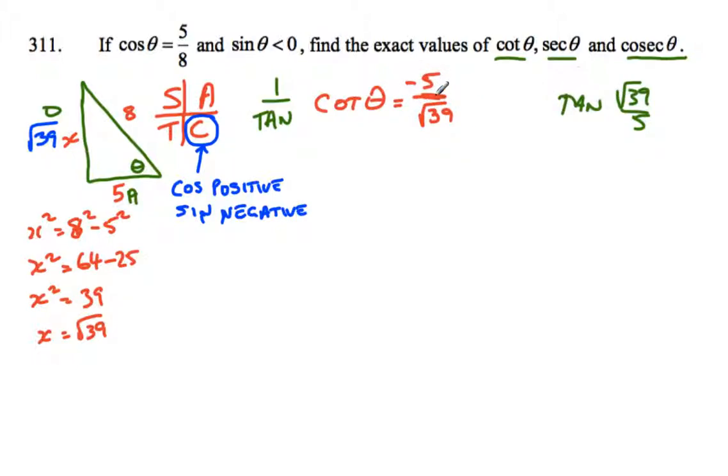That's how we got the 5 on root 39. Do you know how we got the minus there? Well, that's because cot and tan are related to each other, cotangent and tangent, and so cot is positive and negative wherever tan is positive and negative. So in this fourth quadrant, tan is negative, so therefore cot is negative.